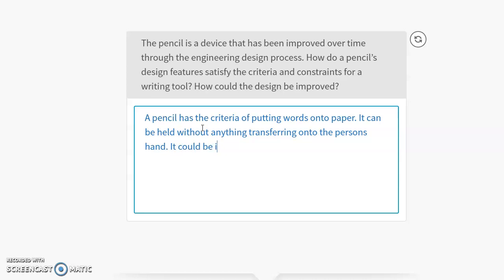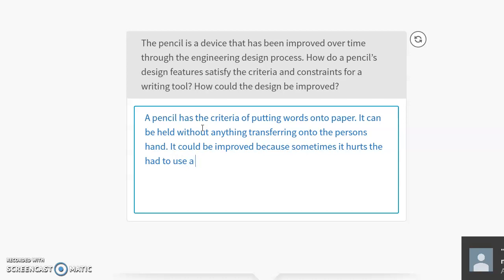It could be improved because sometimes it hurts the hand to use a pencil. So instead, it would be nice to have a material that is not as hard on the fingers.